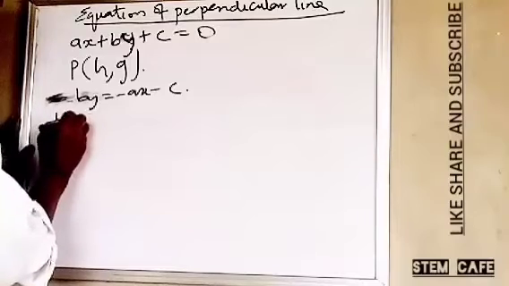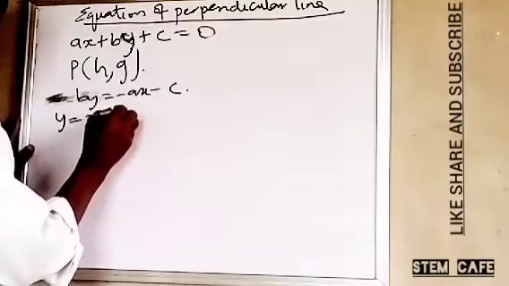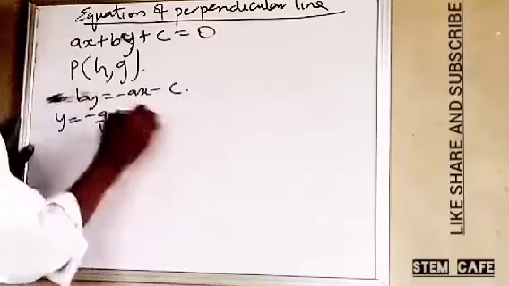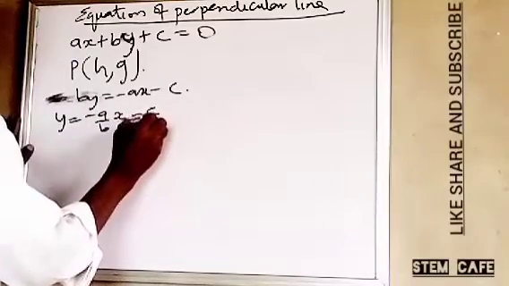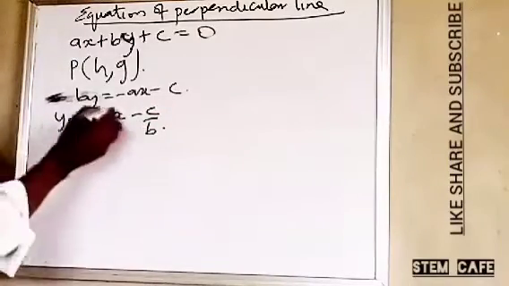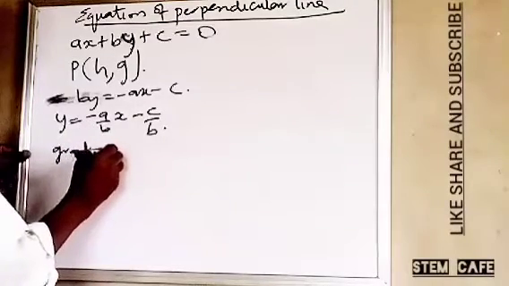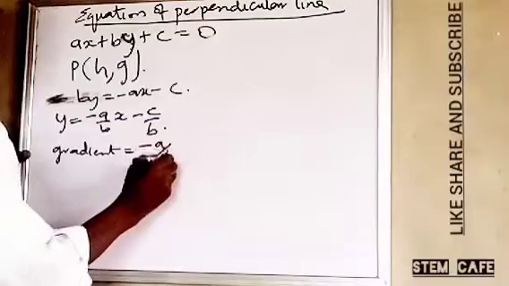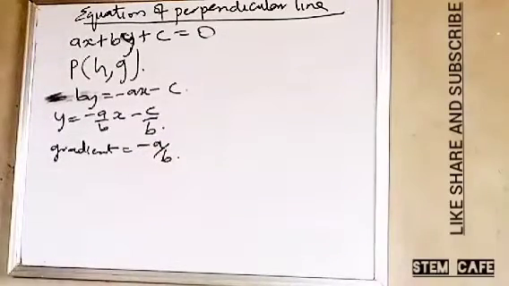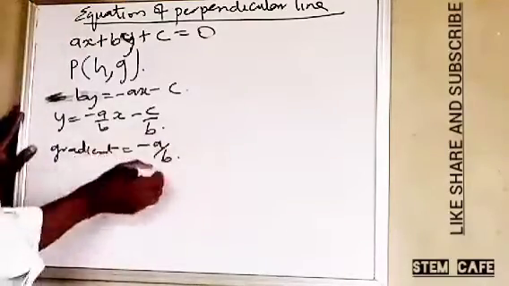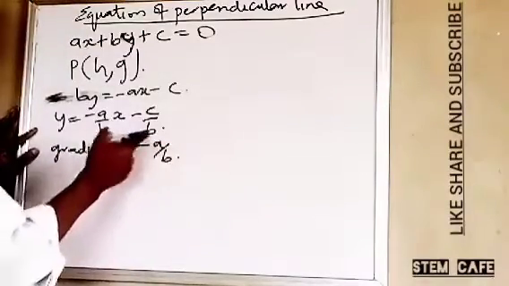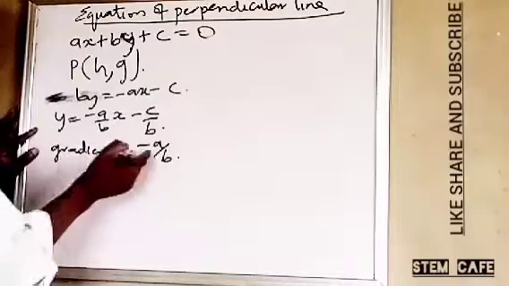So y equals minus a over b x minus c over b. So the gradient in this case is minus a over b. Now for the perpendicular line, as explained initially, the gradient will be minus 1 over this gradient.